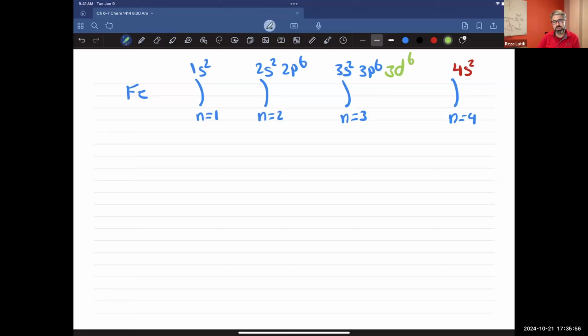Okay, now the question is, which one of these layers is away from the center, or the nucleus of the element? Which one of them has the longest distance from the nucleus? It's going to be the fourth one.